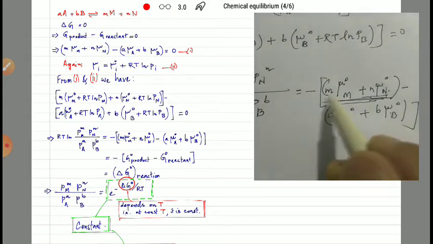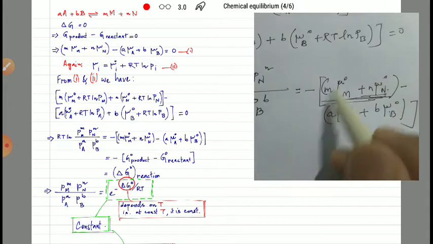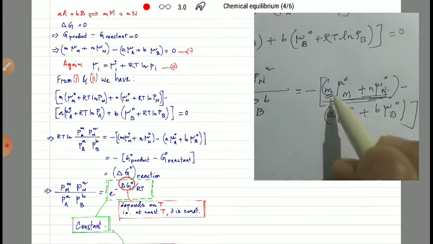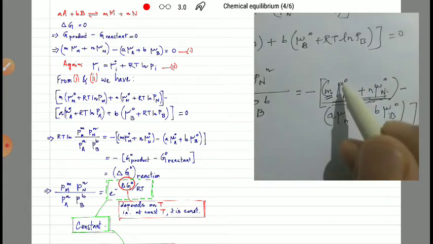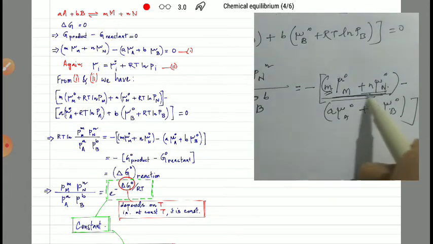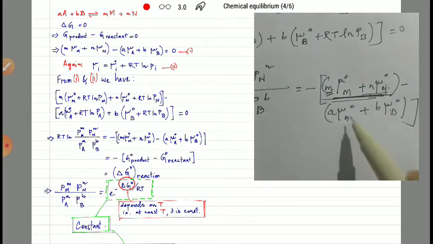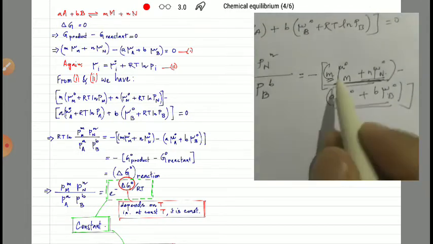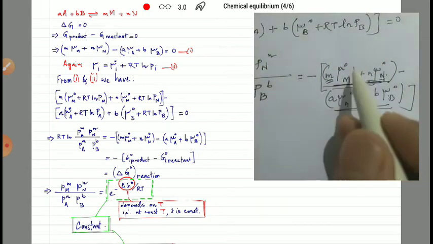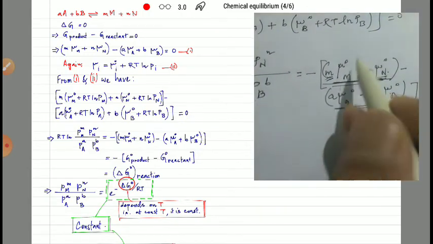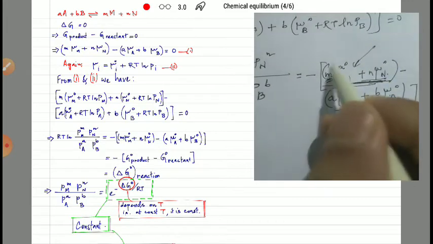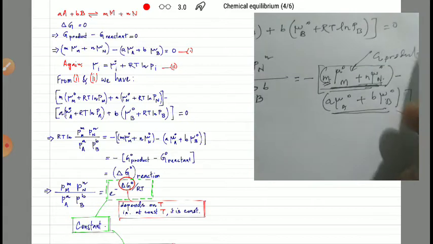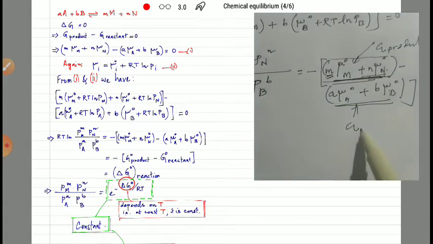If you multiply the chemical potential with the number of moles of that particular component, you will get the Gibbs free energy. That means this is the Gibbs free energy of your product, and this is the Gibbs free energy of your reactant. So in place of this whole thing we can write G product and G reactant.